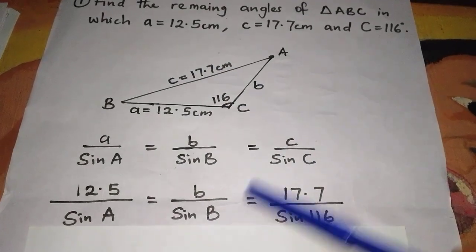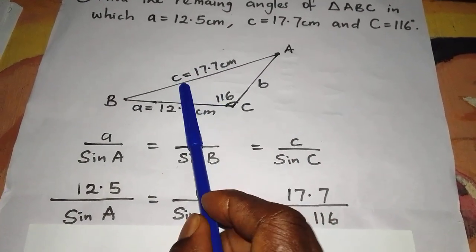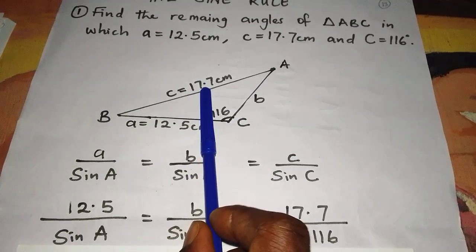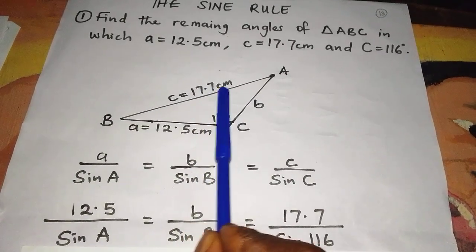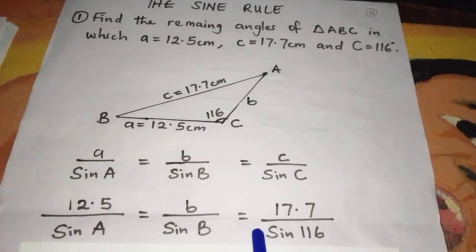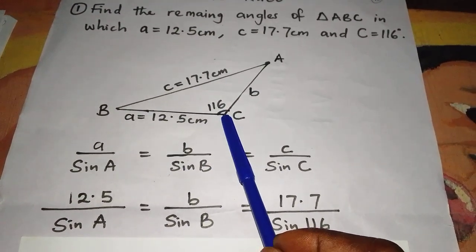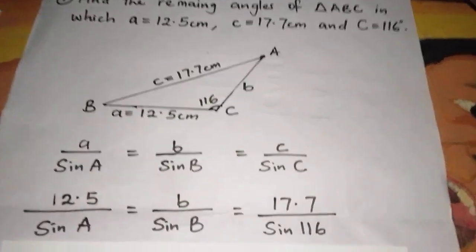Then we have c, the side facing angle C, which is 17.7 cm, and we are given angle C to be 116 degrees. So we'll substitute.